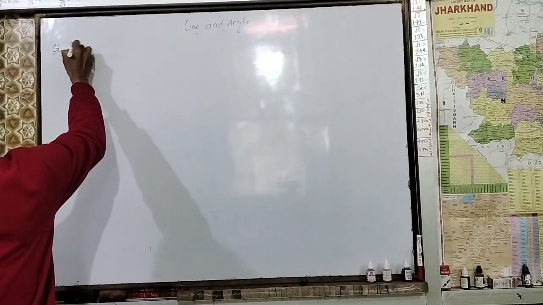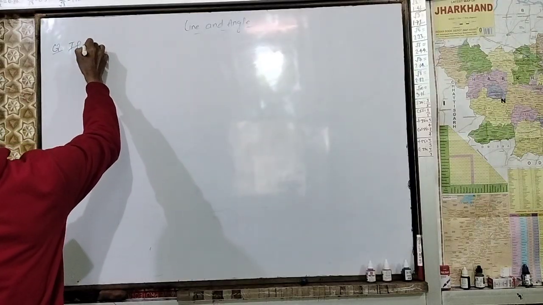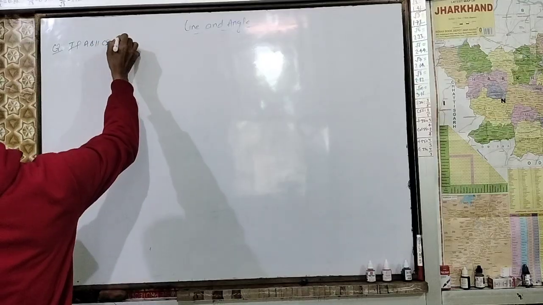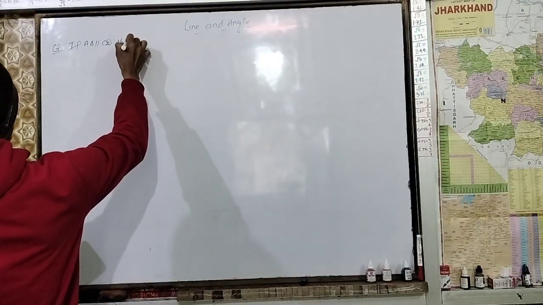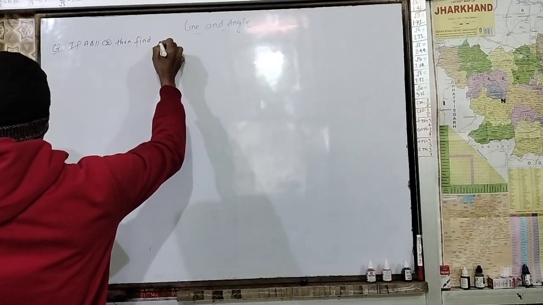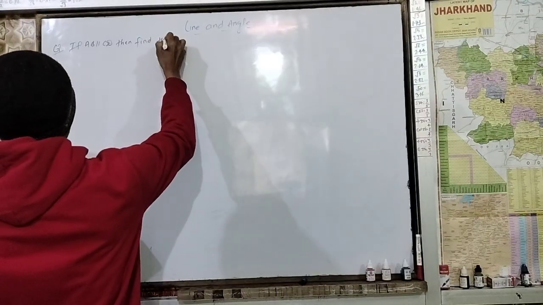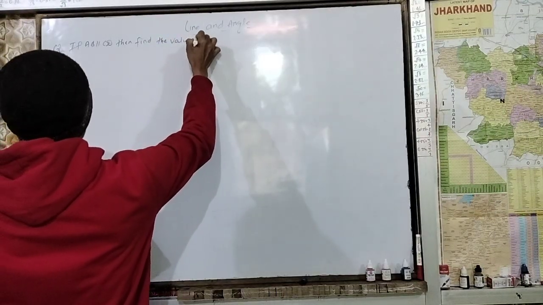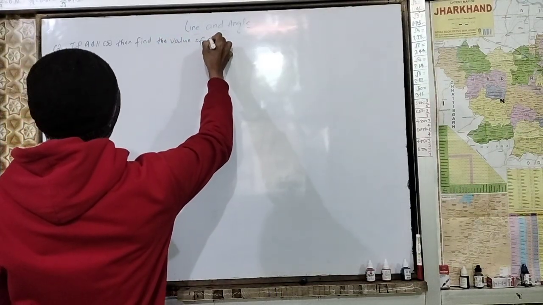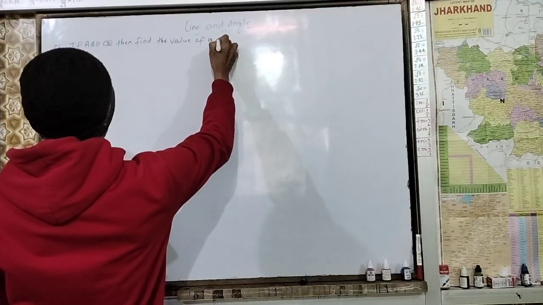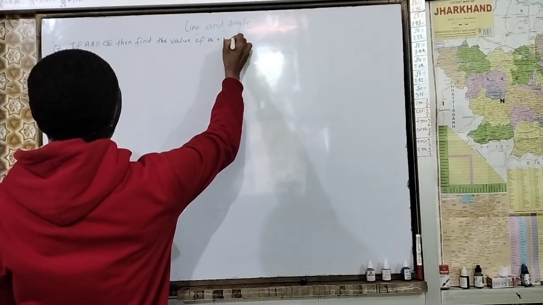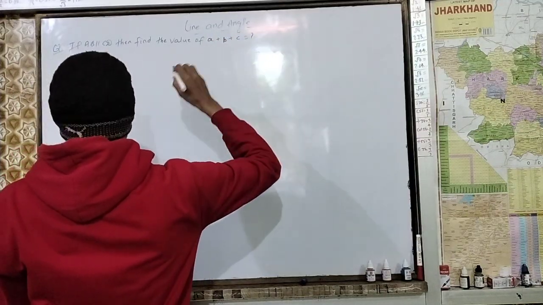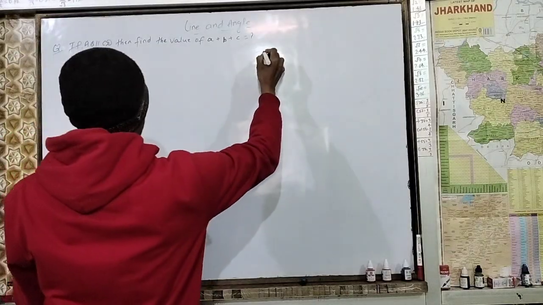If AB is parallel to CD, then find the value of A plus B plus C. The figure is like this.